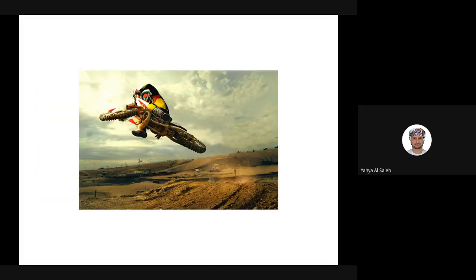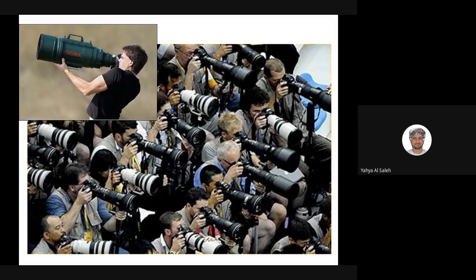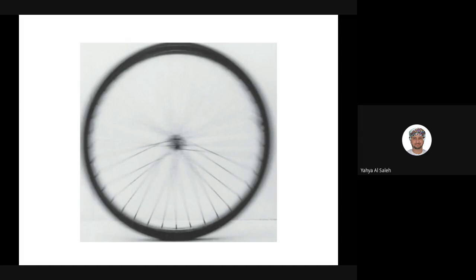Now, you have moving photography where stuff is moving. You have some really fancy lenses to correct all sorts of aberrations. But you will end up with a photo like this, no matter how good the lens is.